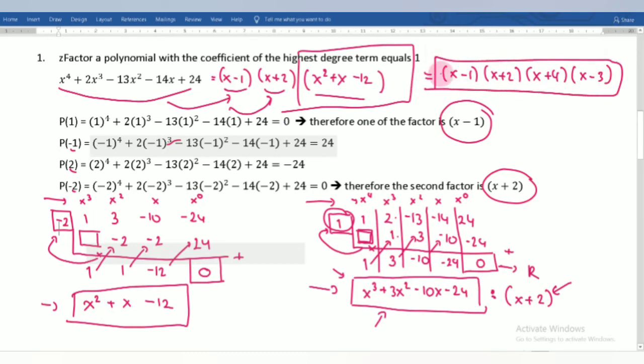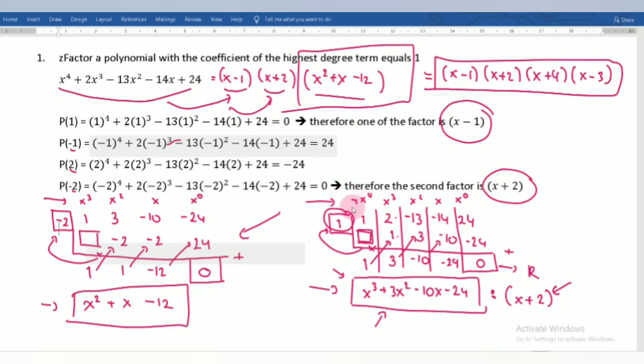Okay, so I have taught you 3 different approaches. You can pick any, well, it depends on the situation. And I also have taught you about the synthetic division to replace long division. But if you prefer to do the long division, that's fine, because there is one thing that I want to remind you.